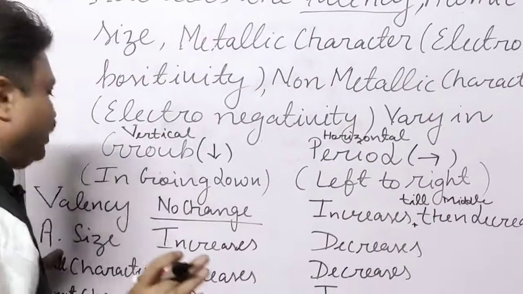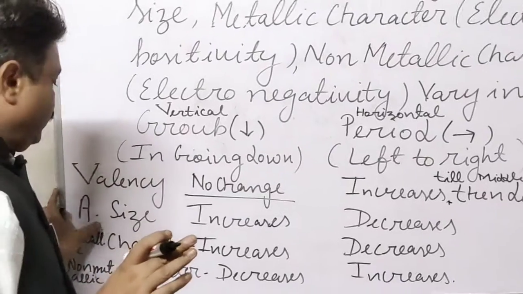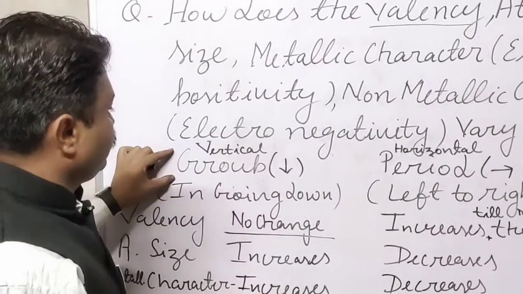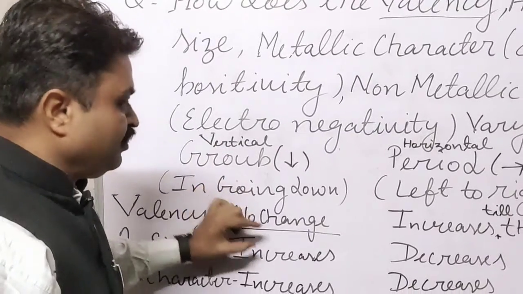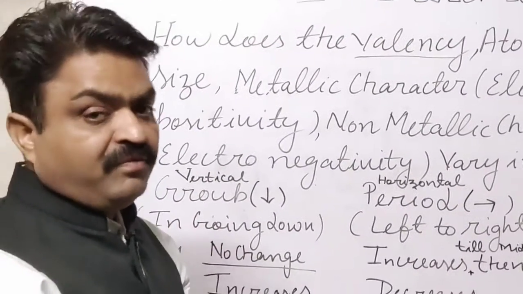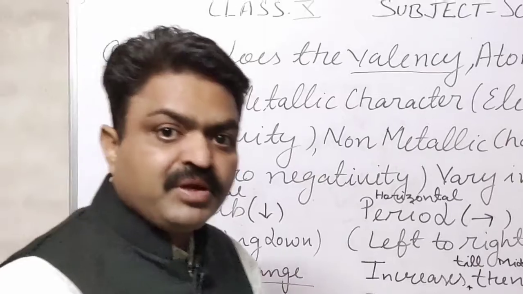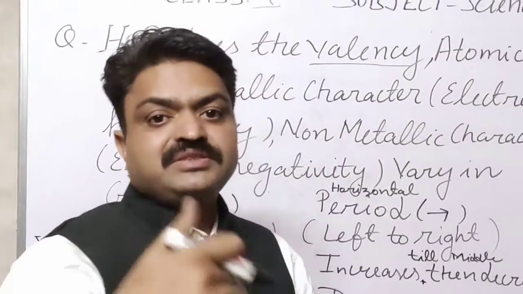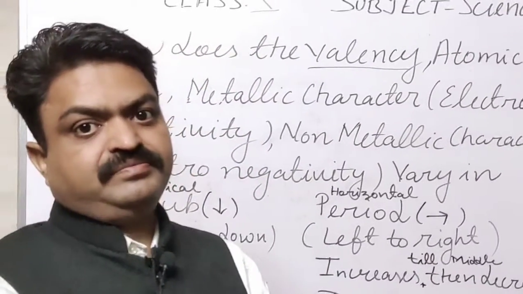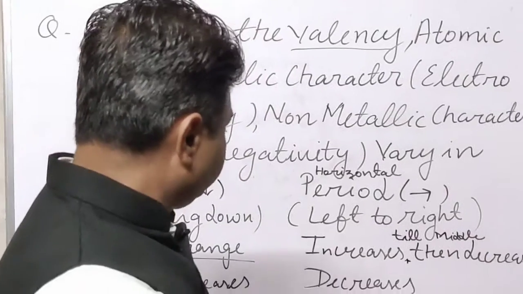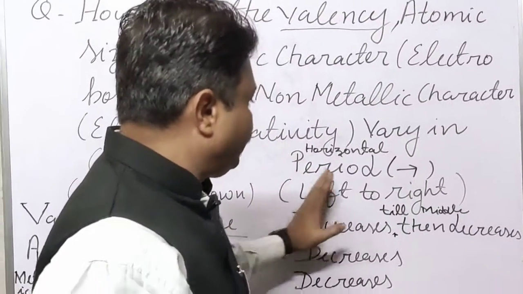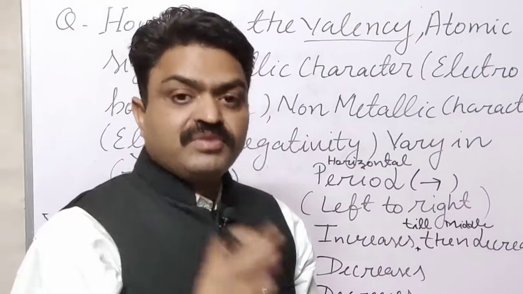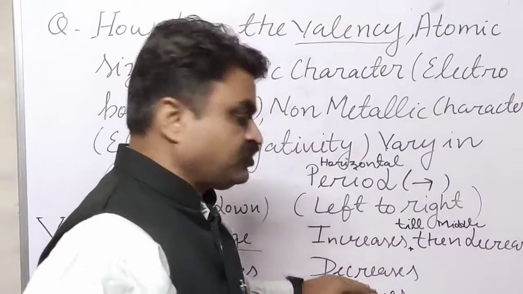Next we come to atomic size. In a group, the atomic size increases from top to bottom. Why does it increase, students? Because the number of shells increases. And in a period from left to right, the size of the atom decreases, students.